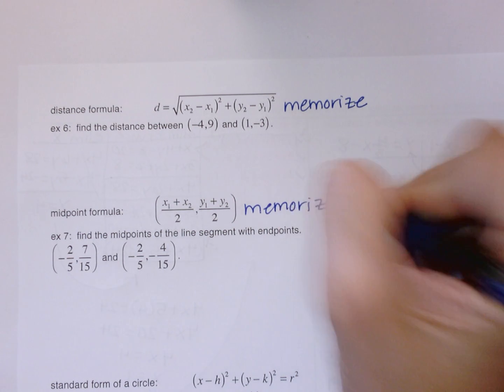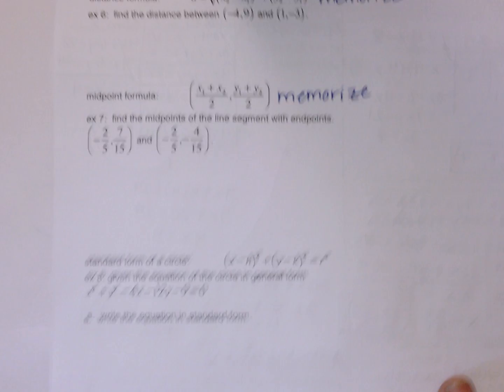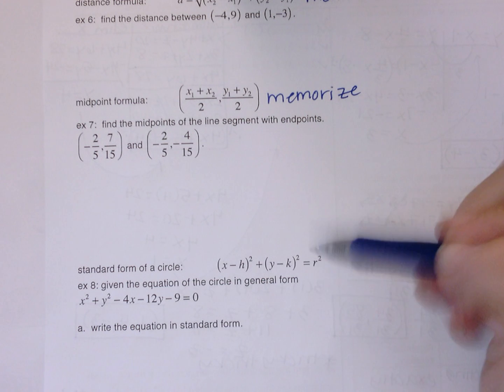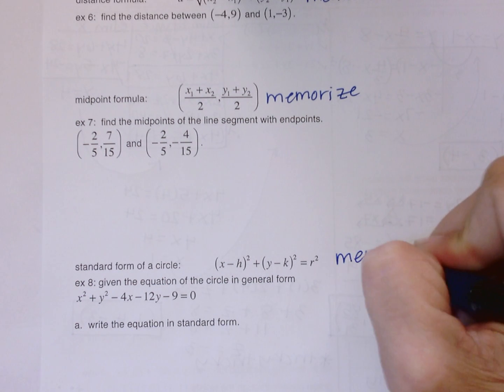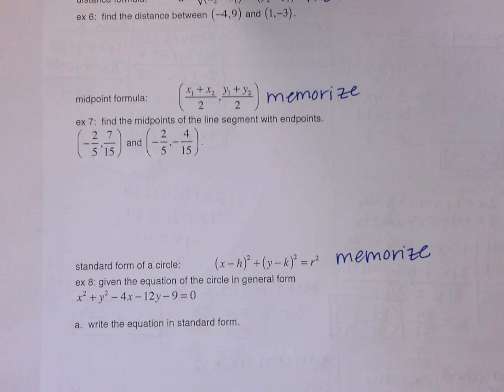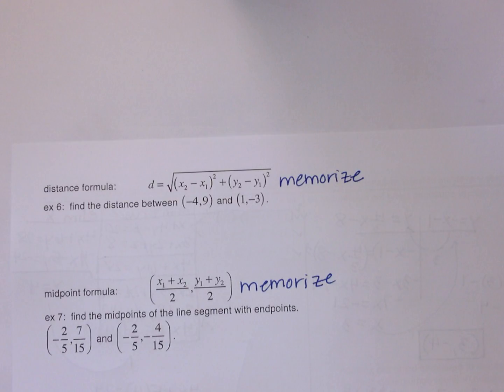I'll show you a cool way to memorize the distance formula in just a second. And the standard form of a circle you should also know. You did this in conics in Algebra 2, but we only do circles of this form, so you don't have to worry about conics showing up a lot in Honors Pre-Cal.